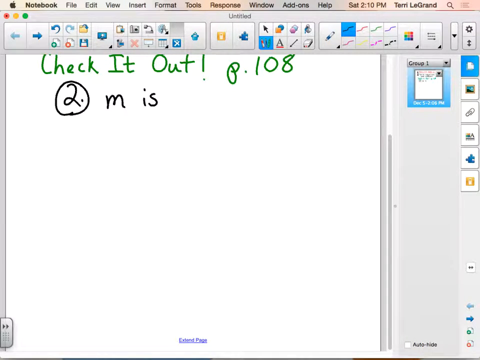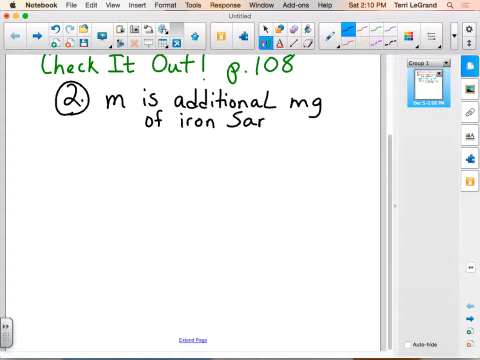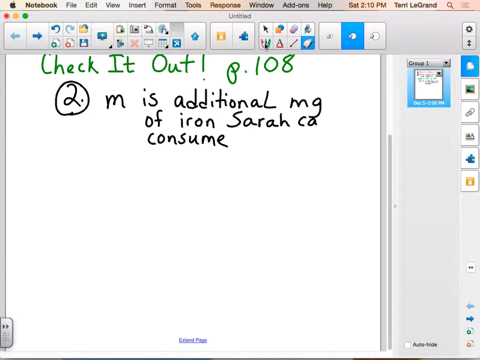M is additional milligrams of iron Sarah can consume. Not just milligrams. M is additional milligrams of iron Sarah can consume. Okay.